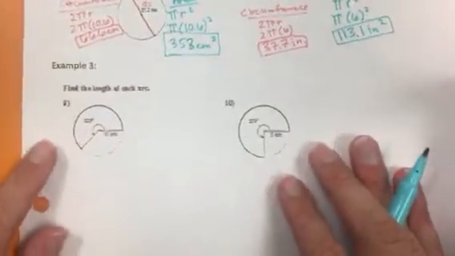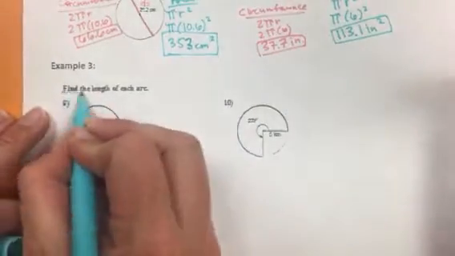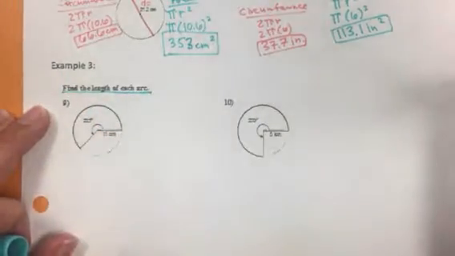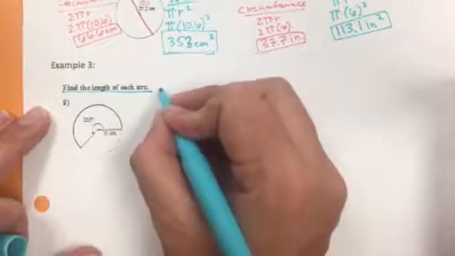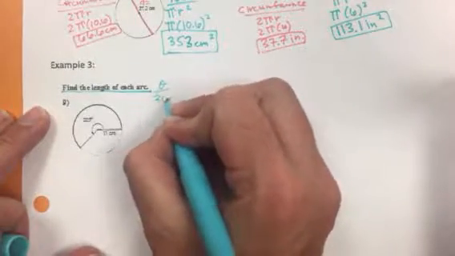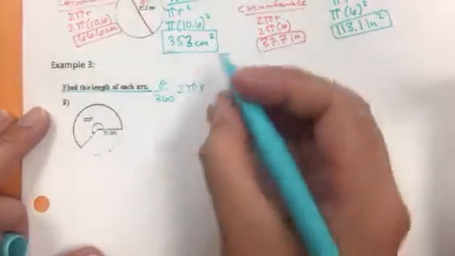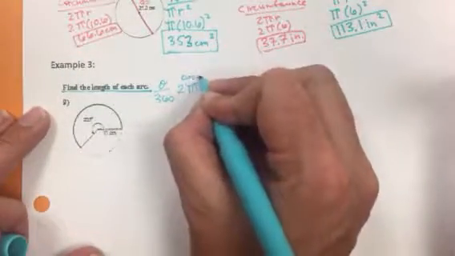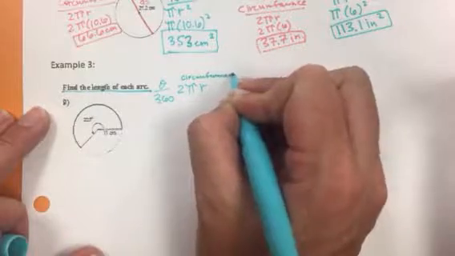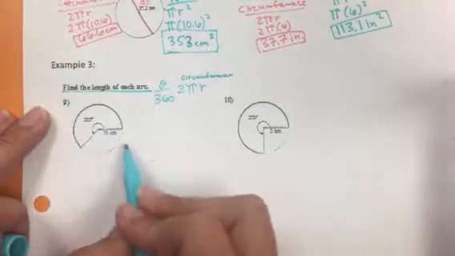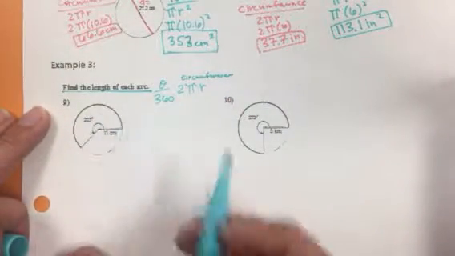Then it'll ask for the length of each arc, which is represented by theta over 360 times 2 pi r, because we're using the circumference of a circle. We only want the outside distance. We don't want the area.